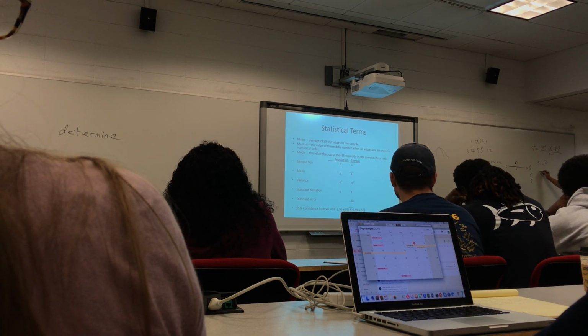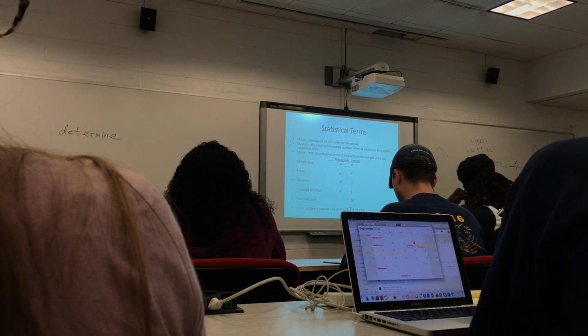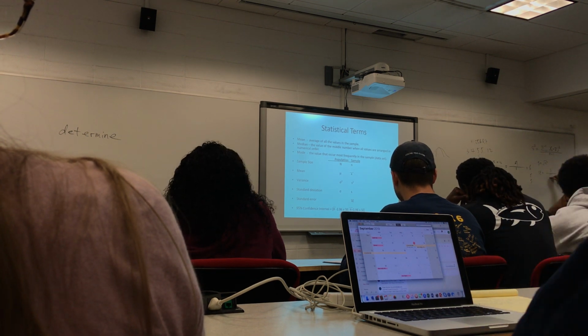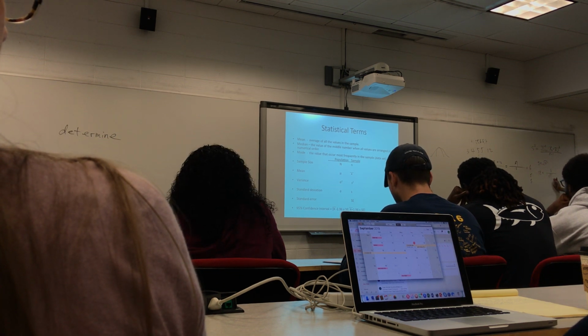Next, we want to look at the standard error. What is the standard error going to tell us? We use the calculation: standard deviation divided by the square root of the sample size. Okay?